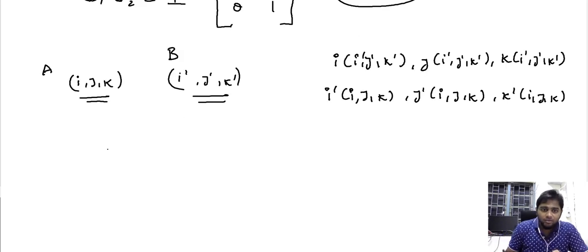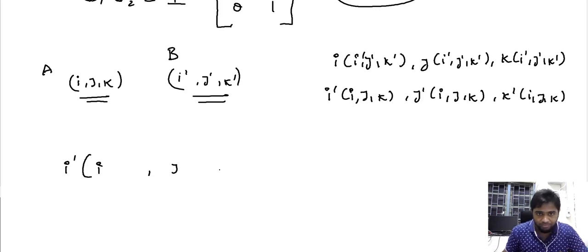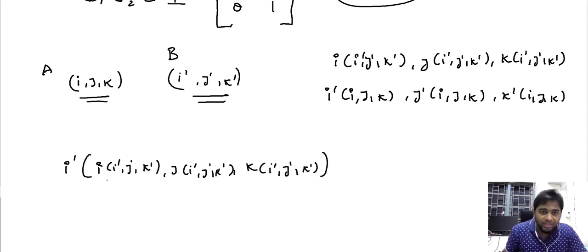Now, as we considered earlier, a function within a function: when I consider i prime as a function of i, j and k, and these i, j and k are in turn functions of i prime, j prime and k prime, I am expressing a coordinate i prime in terms of another coordinate system i, j and k, and these coordinates of another system are also a function of i prime, j prime and k prime. Then I would be able to recover my independent variable i prime.